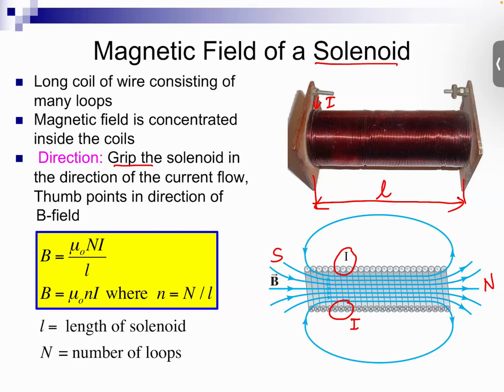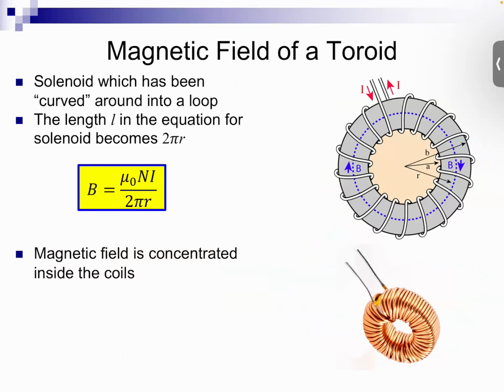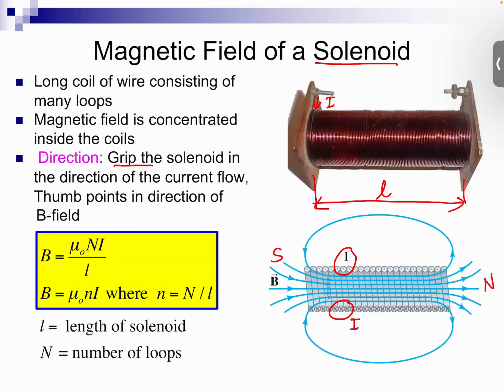And you can also take the solenoid and bend it around so that you form a toroid shape, as shown here. In that case, the magnetic field created by this toroid will take a similar form as that of a solenoid. So it's mu naught Ni over 2 pi r, right? If you compare that for the solenoid, it's mu naught Ni over L, where L is the length of the solenoid.